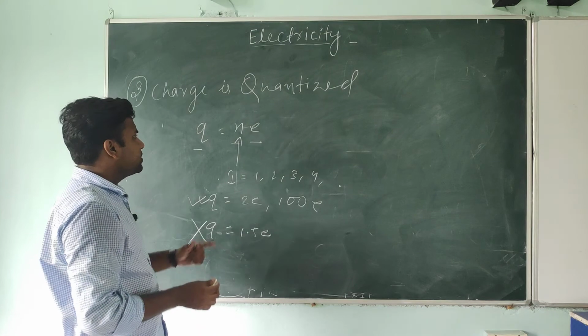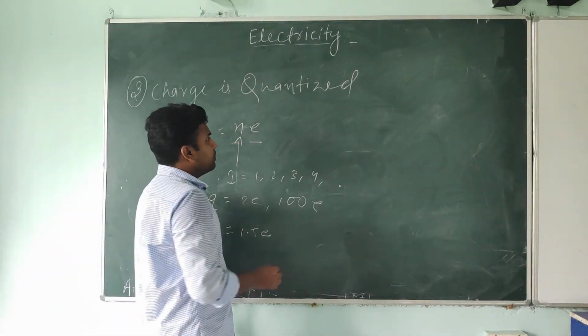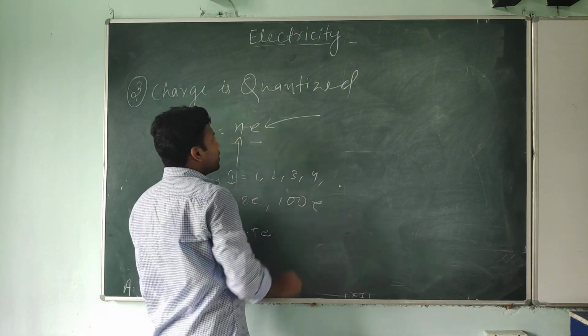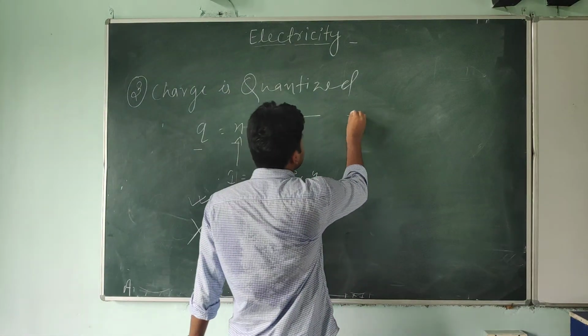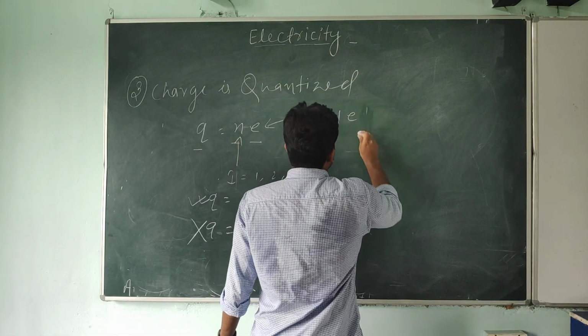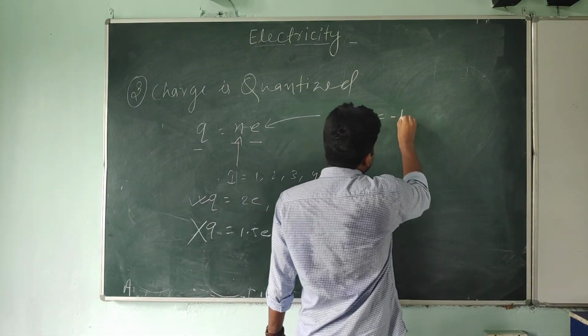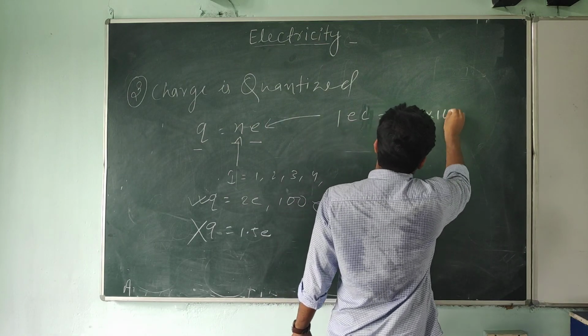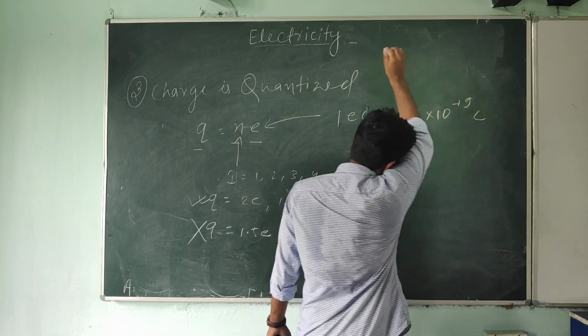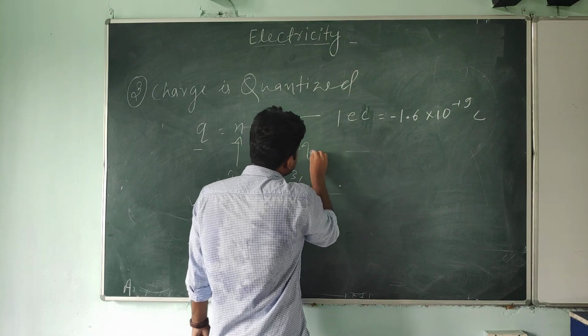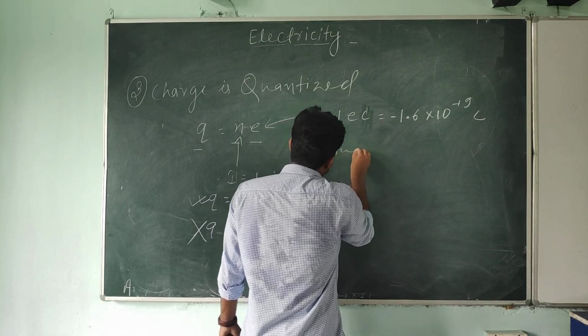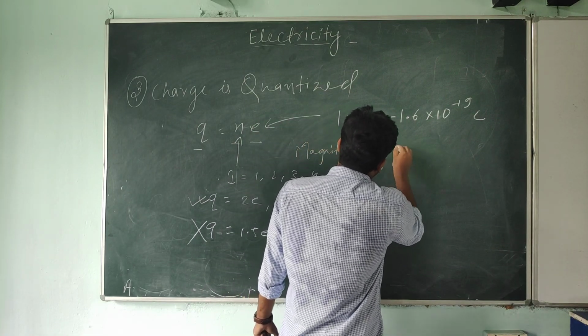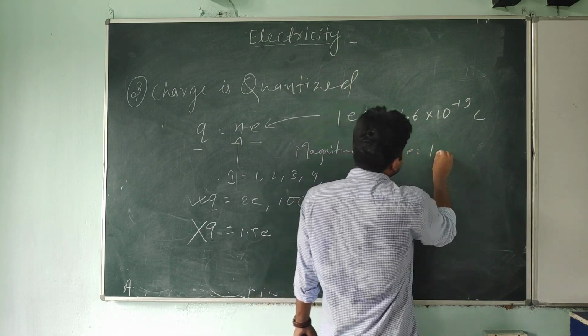Now student, try to understand the meaning of this. The smallest unit of charge is the electron charge, and 1 electron charge is equal to minus 1.6 into 10 to the power minus 19 coulomb. And if we are writing the magnitude of 1 electron charge, what can we write?